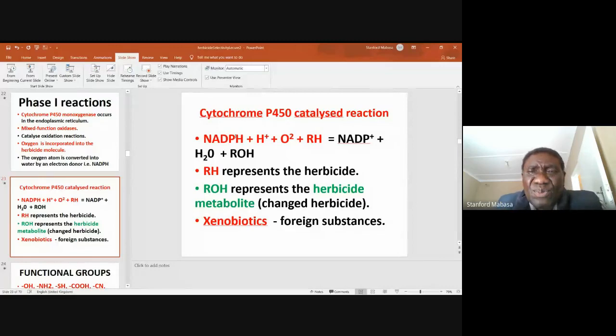I just wanted to give you an example of a reaction which is catalyzed by cytochrome P450. Now, RH in this equation represents our herbicide. And we have NADPH plus hydrogen ions plus oxygen. These are requirements to change the RH herbicide.